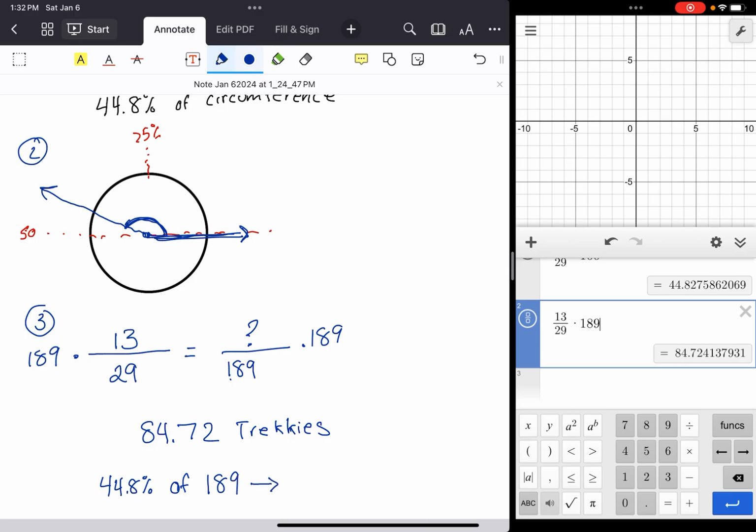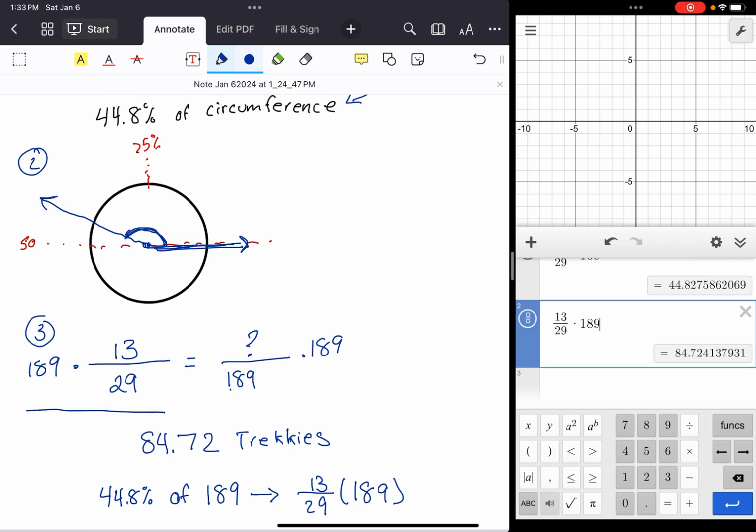Mathematically, that's really just doing 13/29 of 189. This expression, using the percent of my circle times my total rotation, is the same thing I did when I solved my proportion. It's interesting how things like that work out. So that was question 3: how many Trekkies are cut off by the angle.